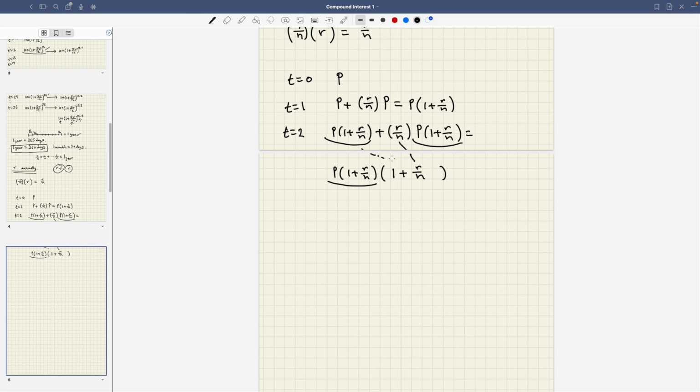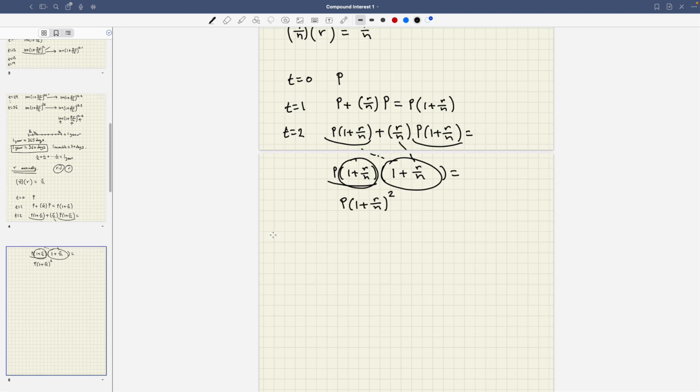Now we can reduce this further as this to the second power, because this quantity and this quantity are the same, and when multiplied together it becomes a square.